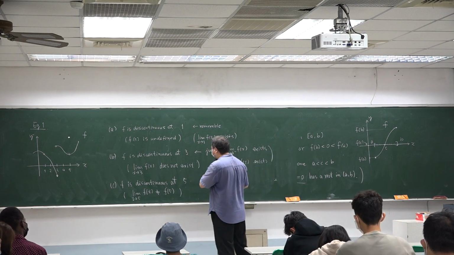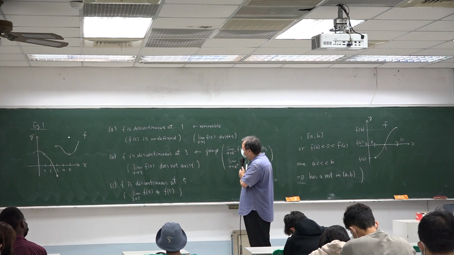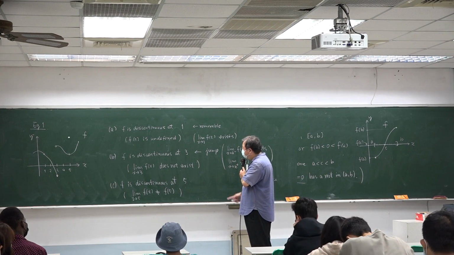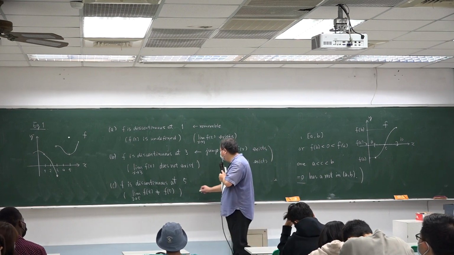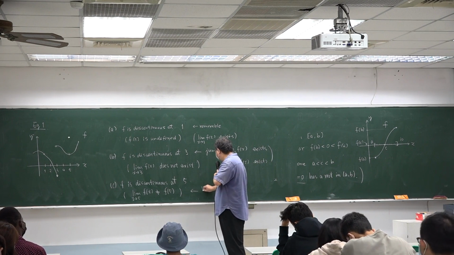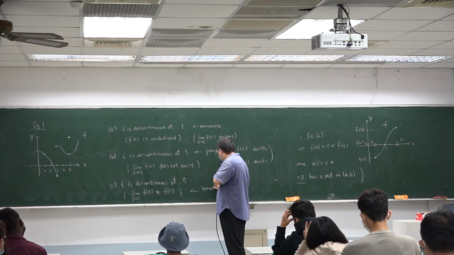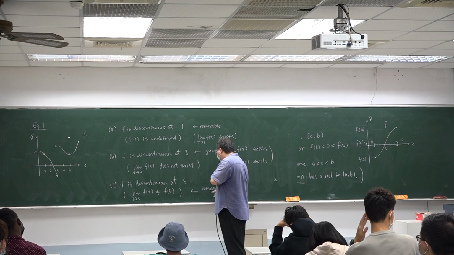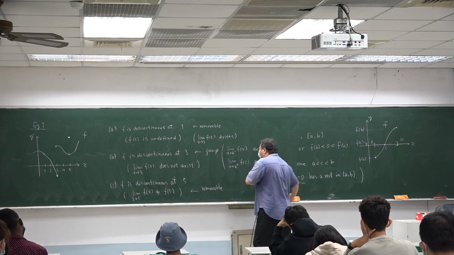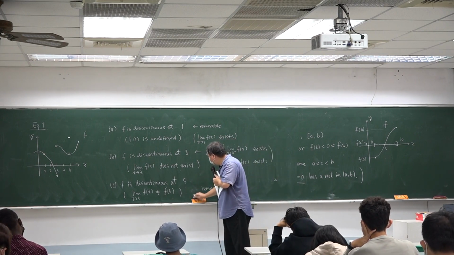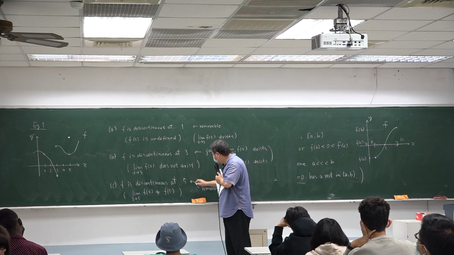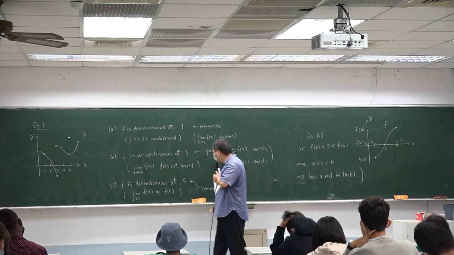So there is a jump discontinuity at the number 3. And at 5, also a removable discontinuity, because this limit exists.